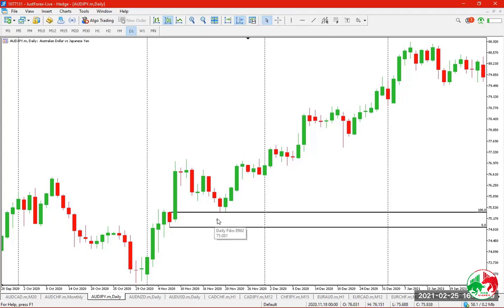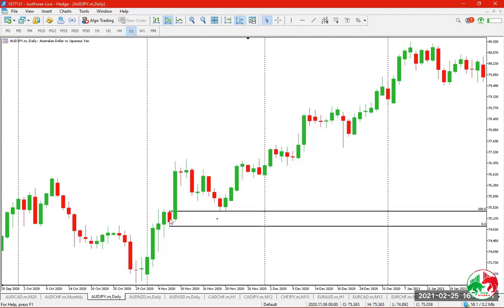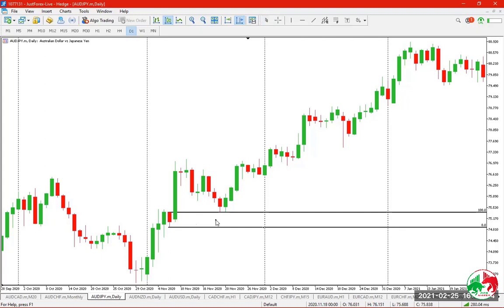So basically this was our last seller before we saw buyers stepping into the market. When we say this is a clean imbalance, it's because this bullish momentum here, or this bullish candle, closed above this previous seller.